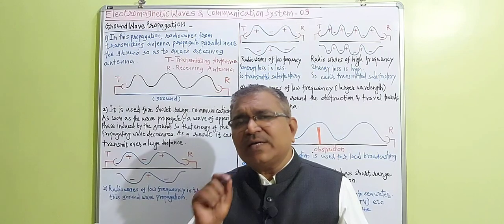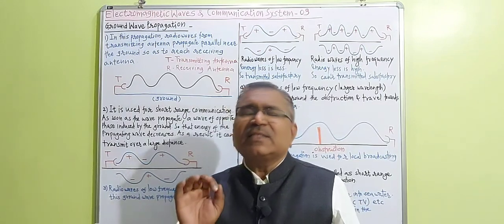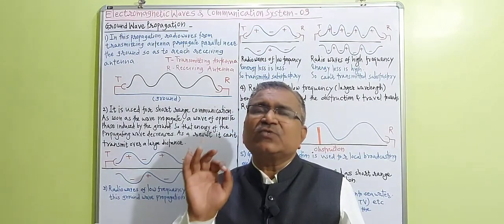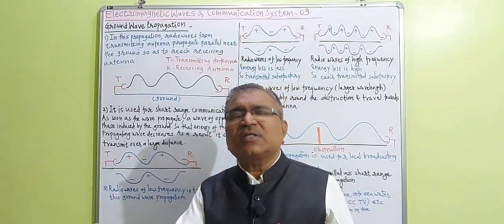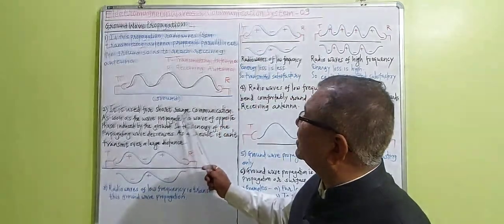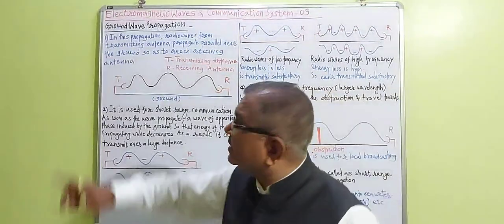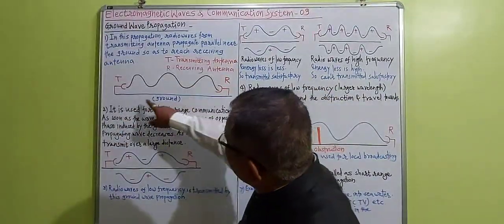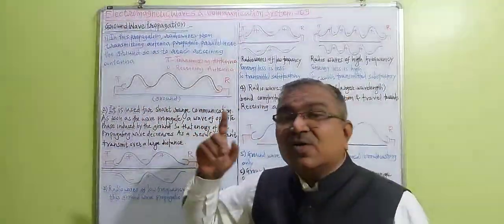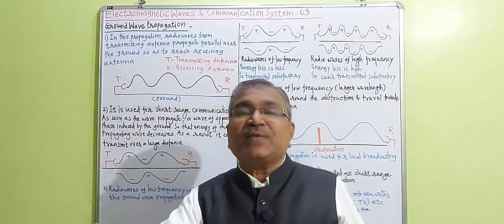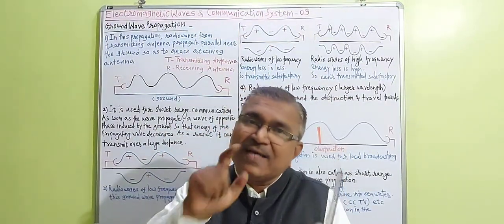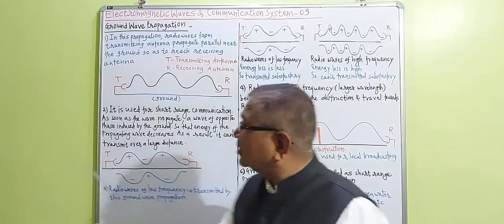I have already told you that this ground wave propagation is useful for short range propagation, that I have written here. As soon as this wave propagates near the ground, a wave of opposite phase is induced by the ground as shown in the figure.